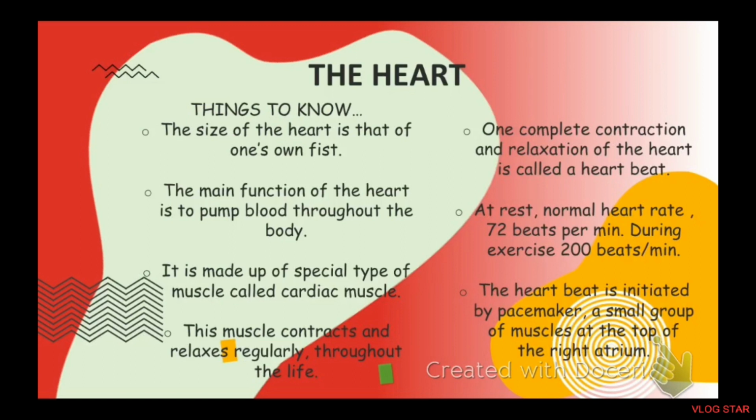Okay, now this heartbeat is initiated by a pacemaker. It's a small group of muscles which is at the top of the right atrium. Just in the next slide we will look at the structure of the heart, and I will tell you where the right atrium is. There we are going to see a small muscle pack which is a pacemaker, and that is going to initiate the heartbeat.